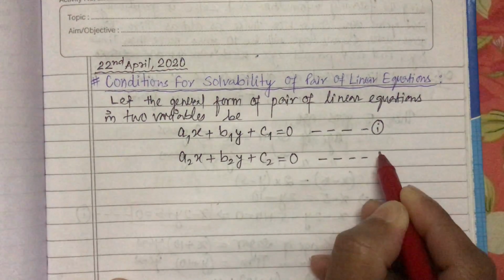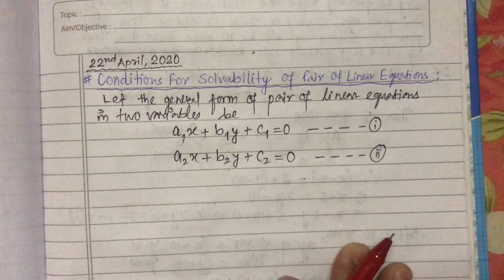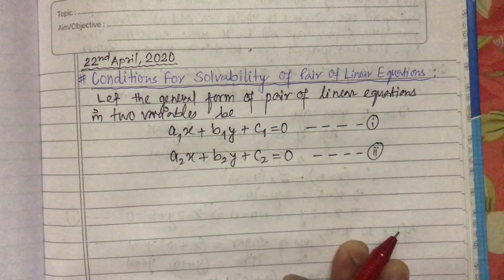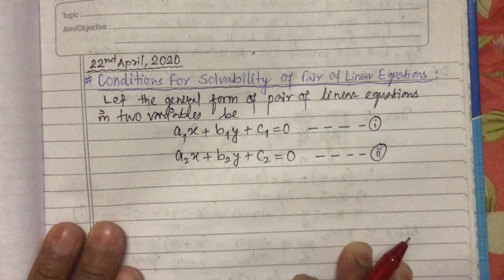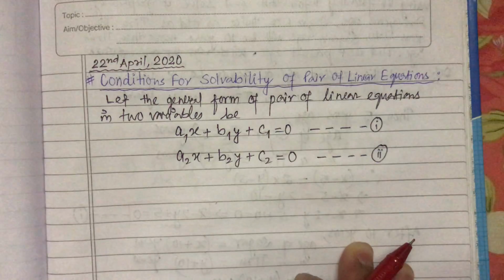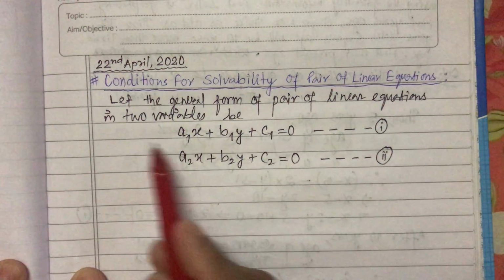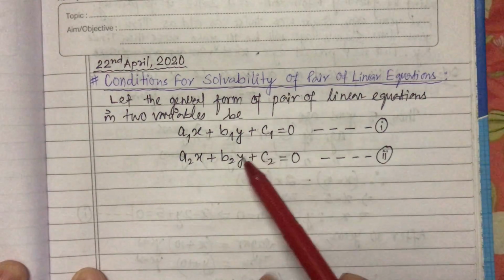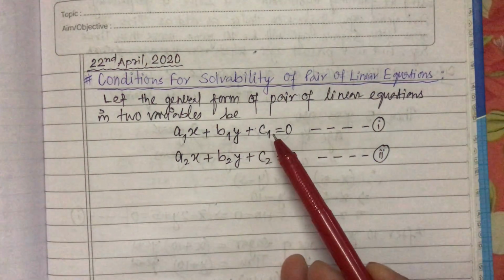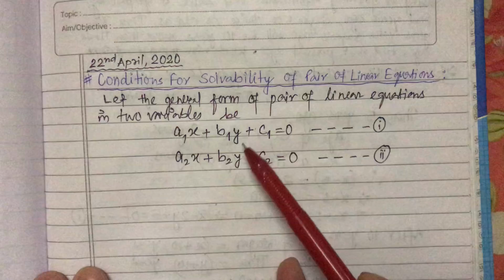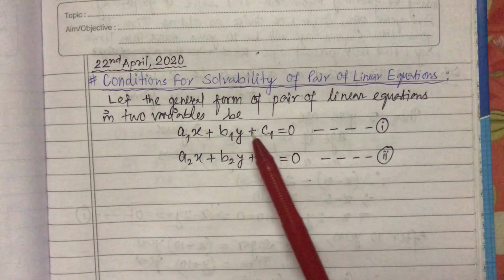Here we know what these equations 1 and 2 are, because we've already dealt with this kind of expression or equation in previous classes. So let this be the general form of pair of linear equations in two variables.